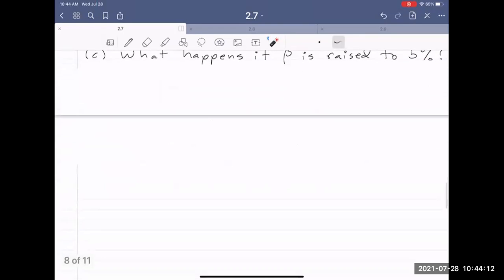So for part A, it says that you want to determine the value of dp dt so that we have a stable population.